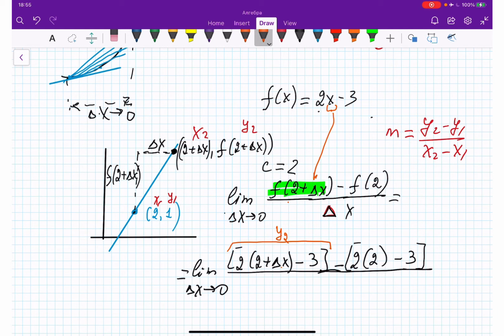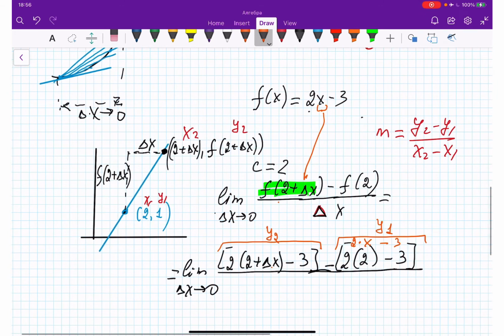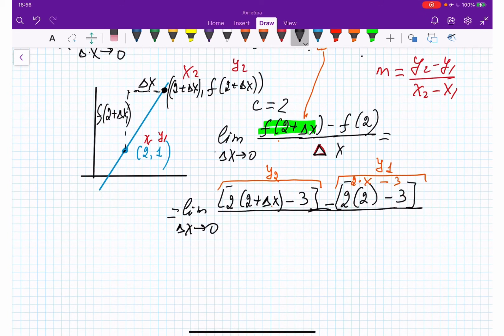And this is my y1. y1 is without delta x, it's just 2 times x and minus 3. That's what we have, and we divide by delta x.